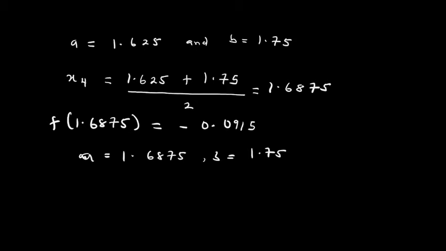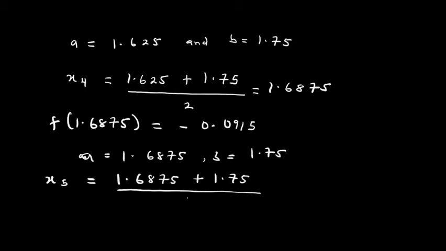Then x5 will be equal to 1.6875 plus 1.75 over 2. This is equal to 1.7188.